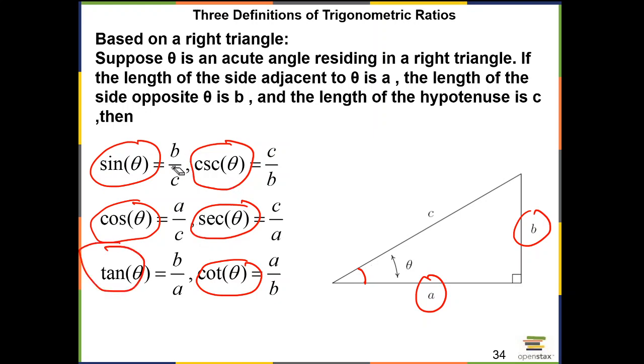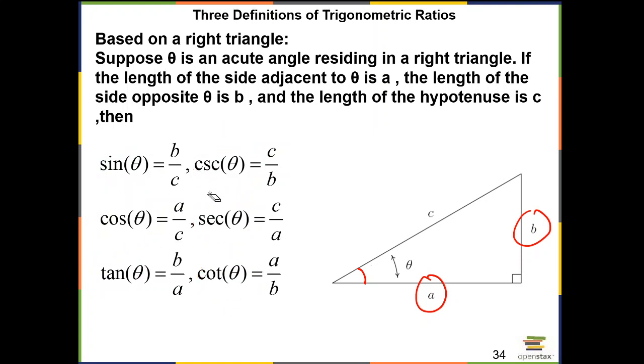Now some students get these confused, but to remember which one is which, cotangent, people don't get confused, is a reciprocal of tangent. They both have tan in them. But the cosecant is actually the reciprocal of sine.